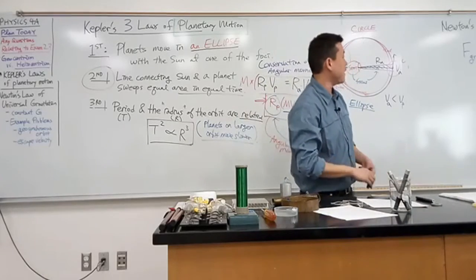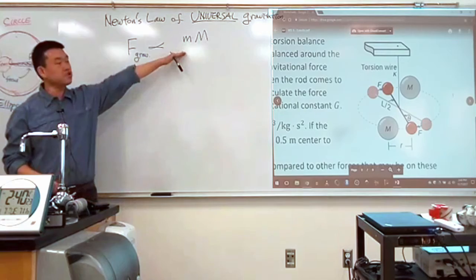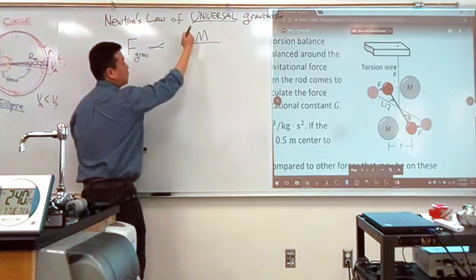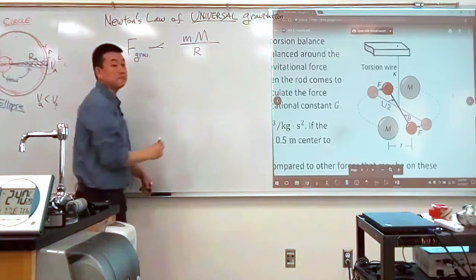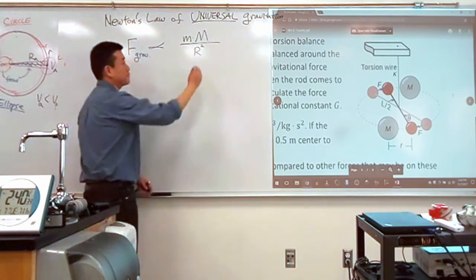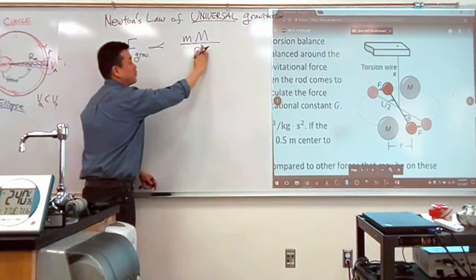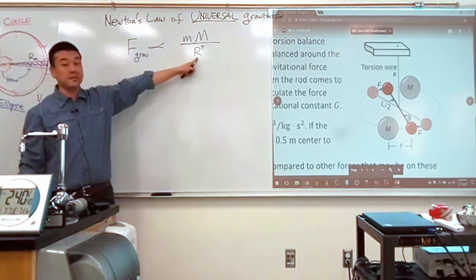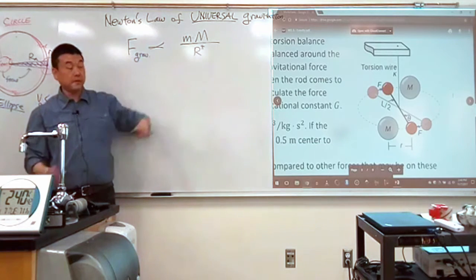So once you start out with that, then you are guessing, all right, how should it depend on distance? Here's a list of choices. It could go as 1 over r. It could go as 1 over r squared. It could go as 1 over r cubed. It could go as 1 over r to the fourth. The key is you want to put the distance in the denominator. Okay?